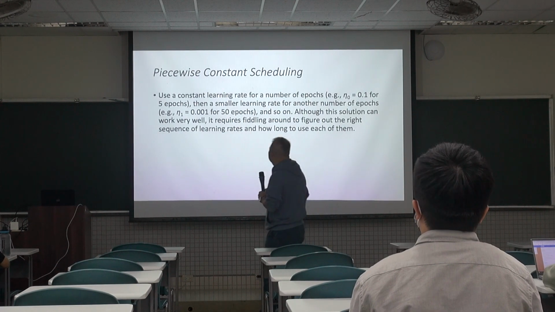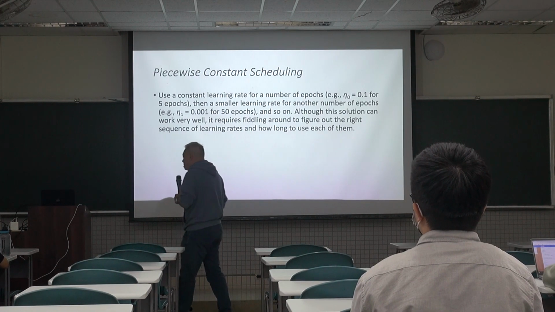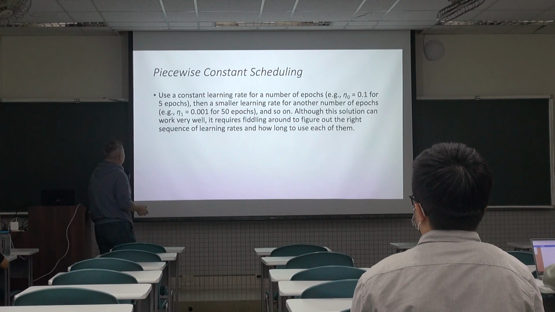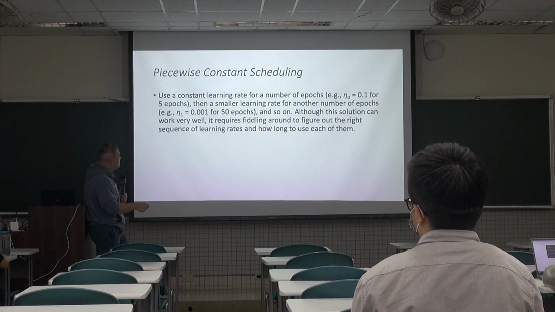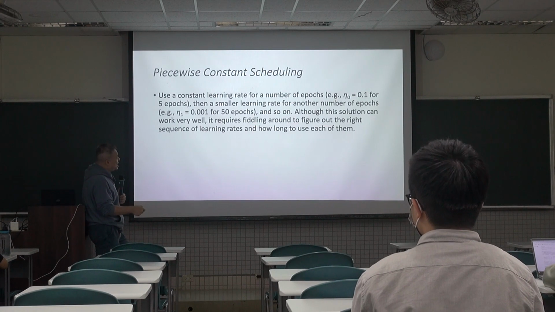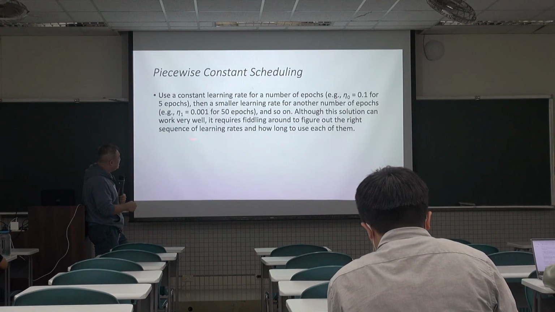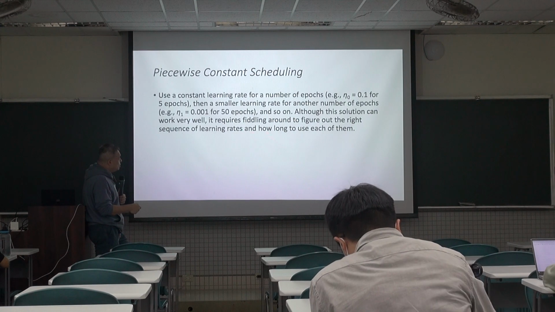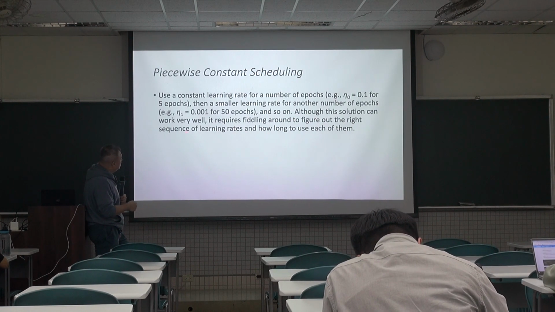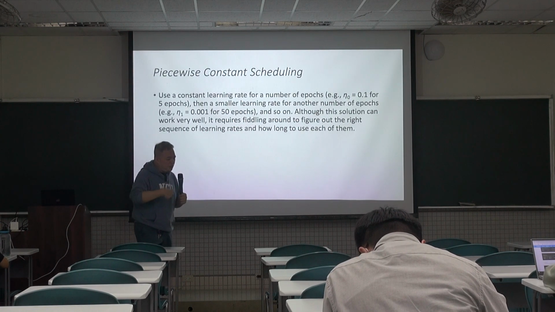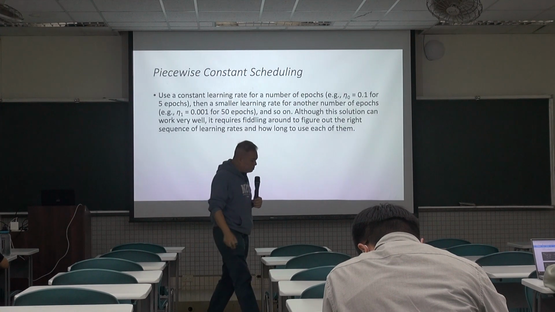If you compare piecewise constant scheduling, you will see that it requires us to find not only the right sequence of learning rates, but also how long each learning rate value will be used, how many iterations or epochs each one is used.